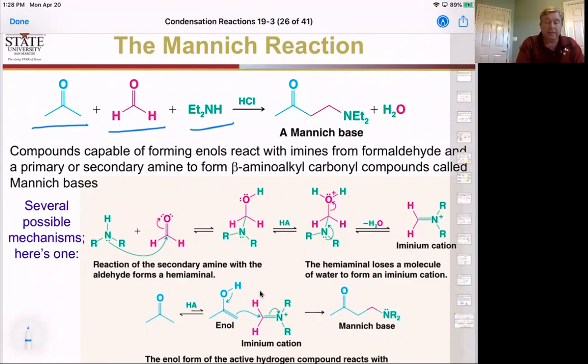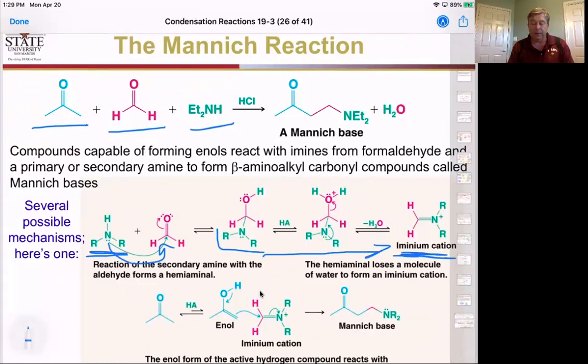Okay, so in this case here, we're using a secondary amine, and the first thing it's going to do is act as a nucleophile to attack our most reactive carbonyl, which is the one with the aldehyde, to give us this intermediate species, which is then going to dehydrate. And when it dehydrates, it gives us this iminium cation. Okay, now that activates this carbon to a reaction right here.